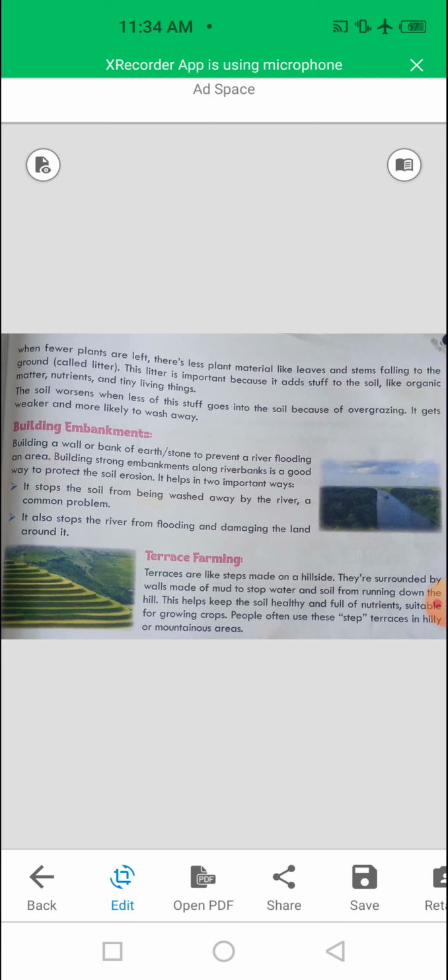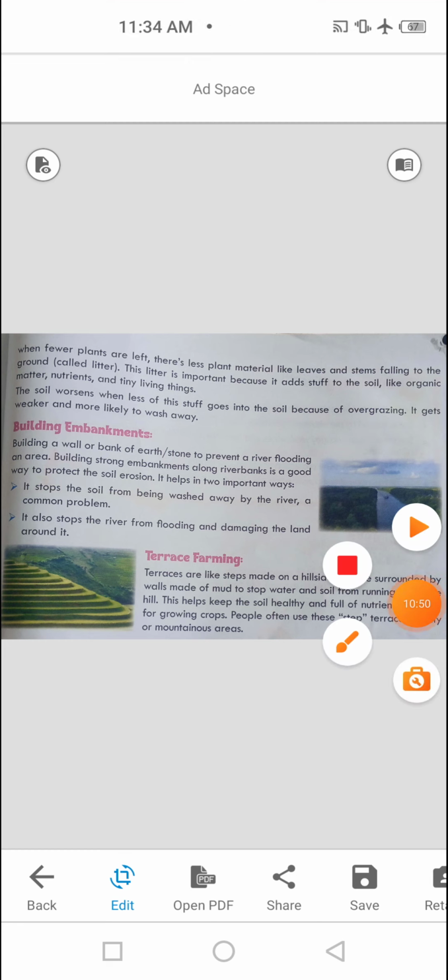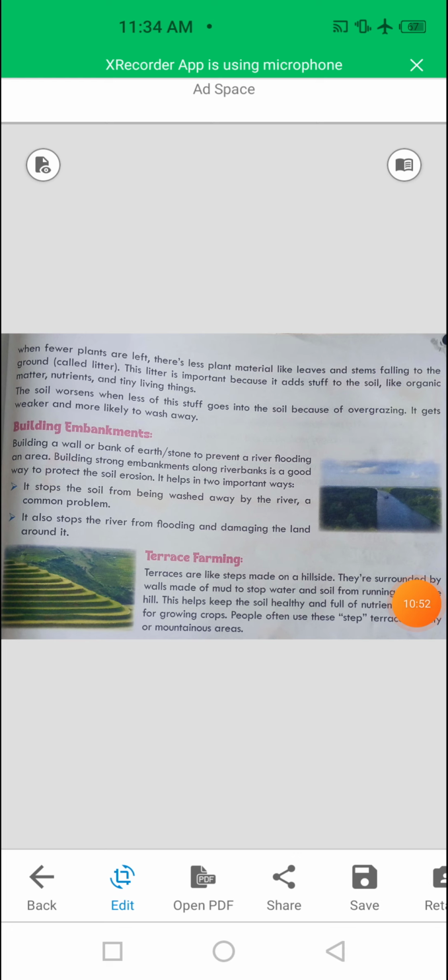So students, with the help of terrace farming, we conserve the soil.